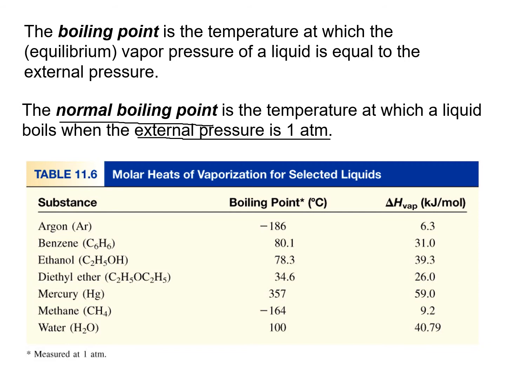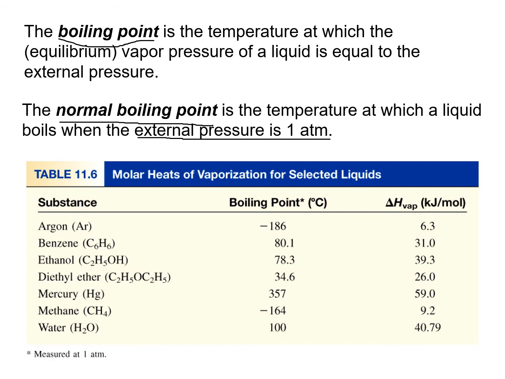We know the atmospheric pressure in Denver is lower, so that would affect its boiling point. But the normal boiling point is at 1 atmosphere of pressure.